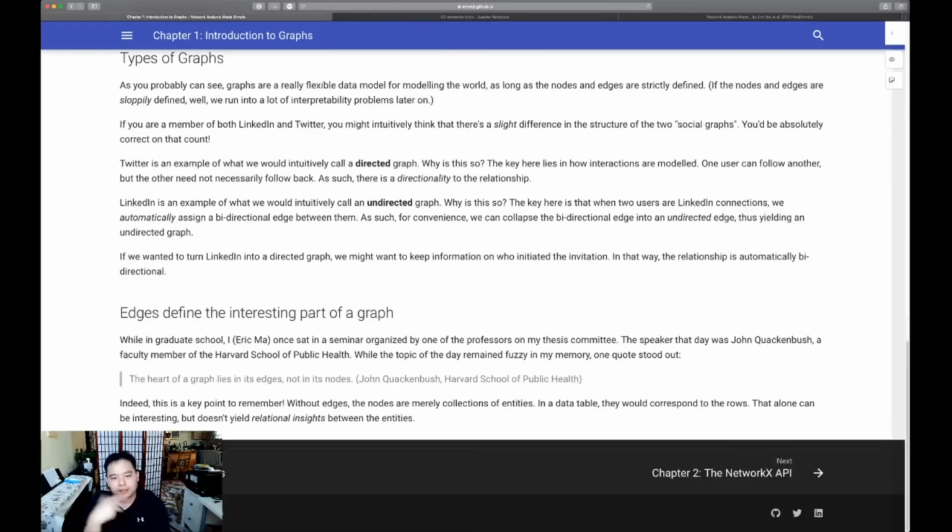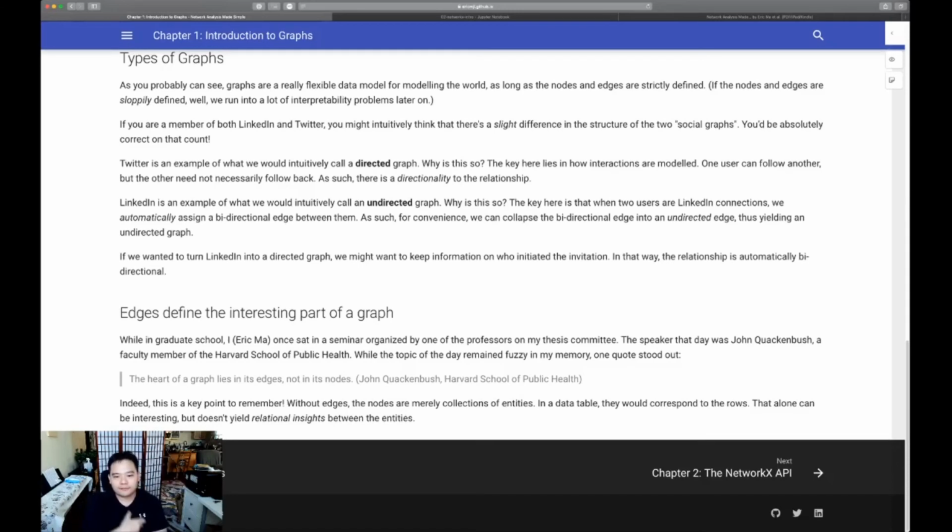So the final thing that I want to point out in this little section is that really it's the edges that are interesting. It's not the nodes, right? Everything that's interesting about a graph arises from its structure, and the structure is defined by which edges are connected with which other edges.